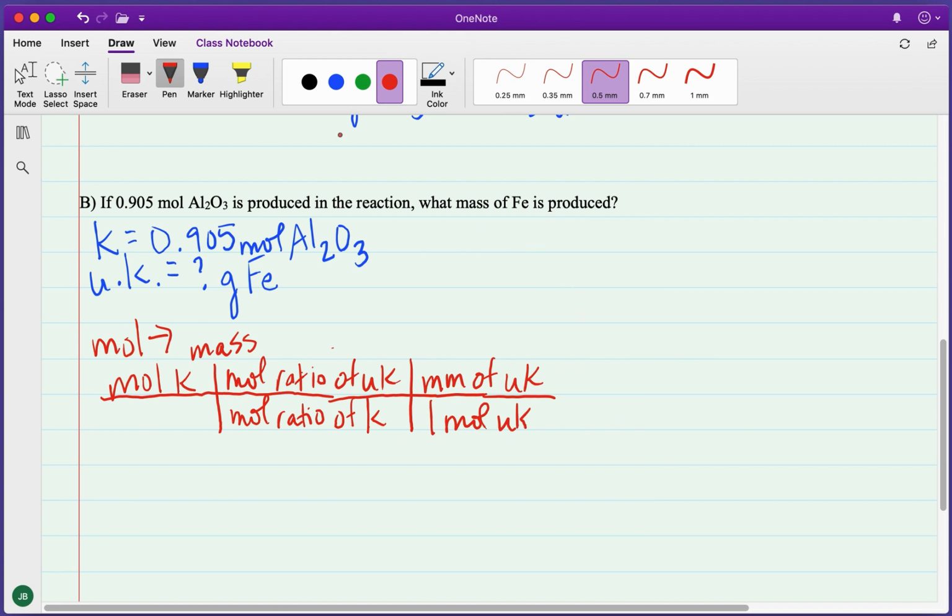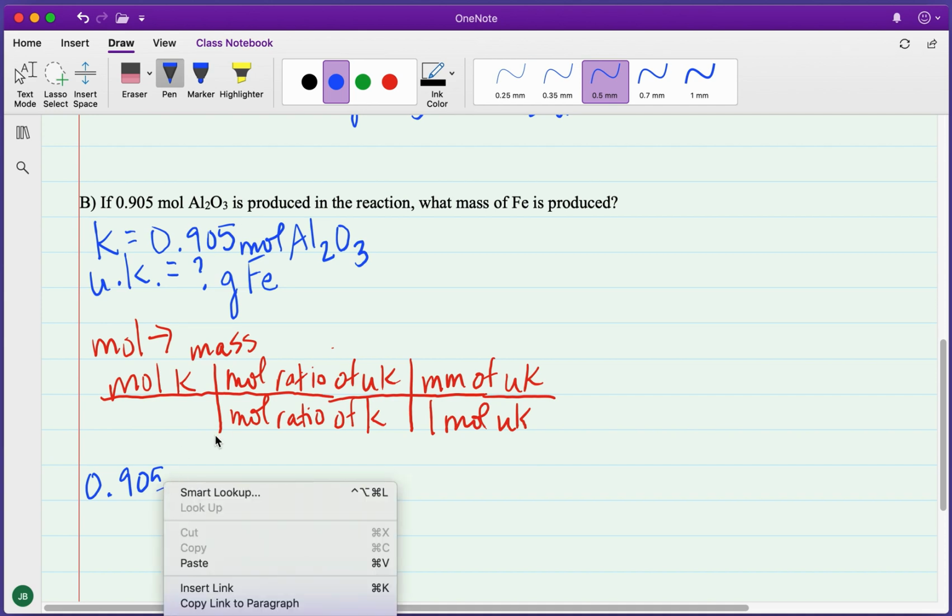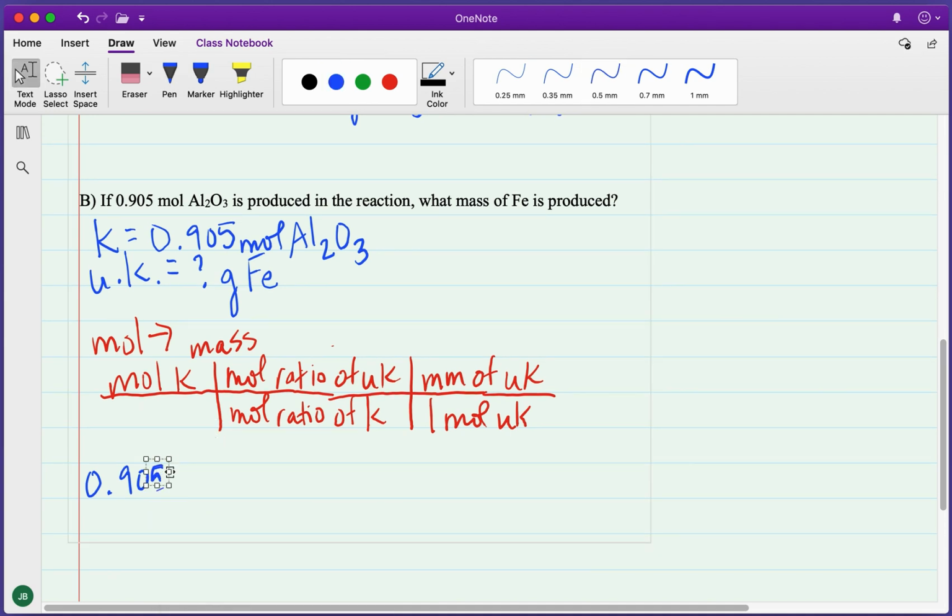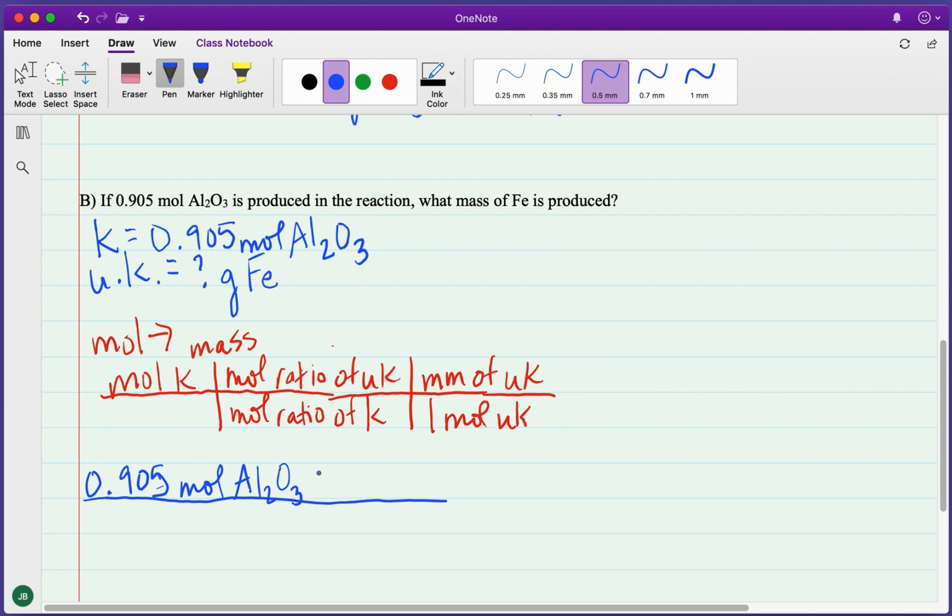So let's go ahead and solve it. And then we're going to put in that mole ratio.